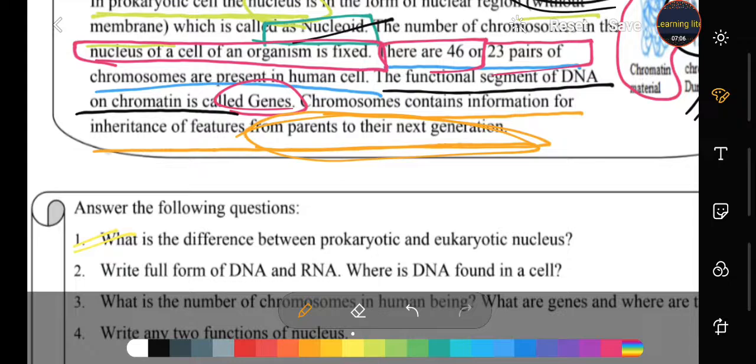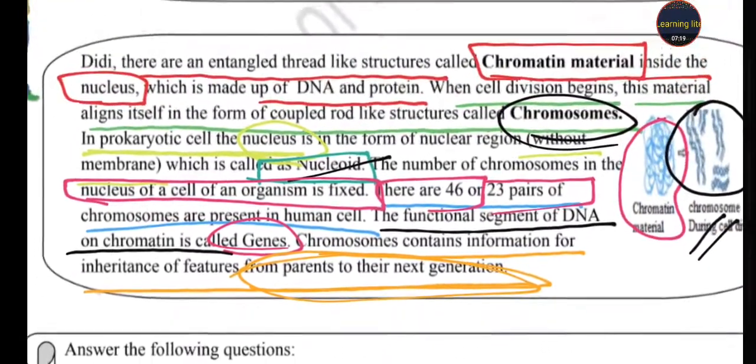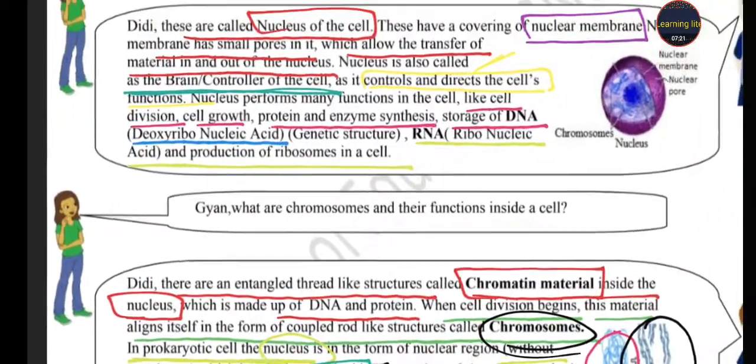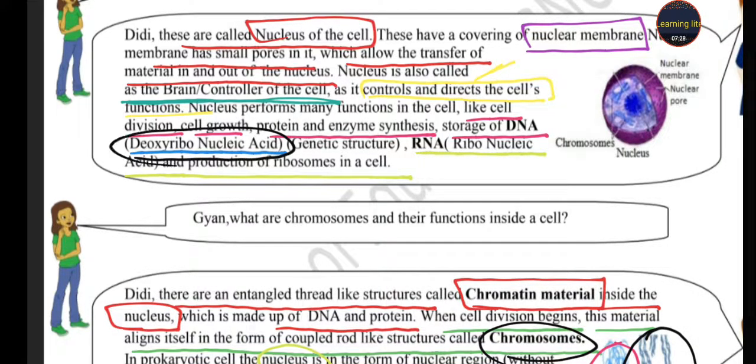Okay. Second one. What is the full form of DNA and RNA, and where is DNA found in the cell? So student, the full form of DNA and RNA is given above in the first paragraph. Here is your answer, that is deoxyribonucleic acid and ribonucleic acid.